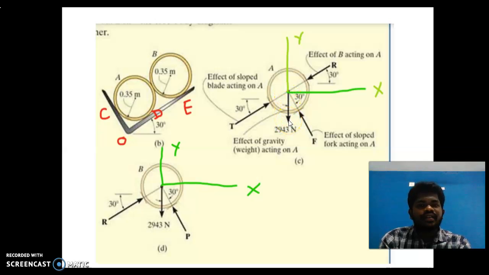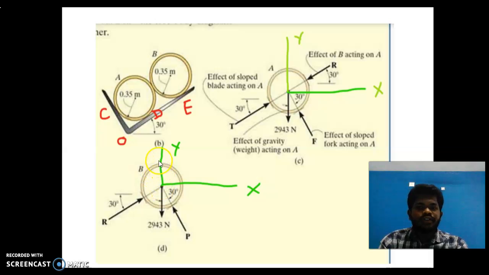Second, the reaction force is the force exerted by the forked tines on pipe A. Next is another force, also a reaction force, which acts on the pipe due to the contact between the forked tines and the pipe. Another reaction force R is applied by pipe B on pipe A. So this is the free body diagram of pipe A.